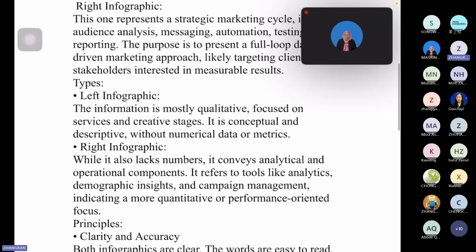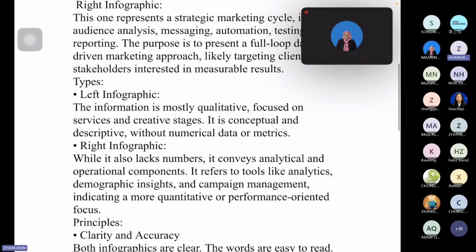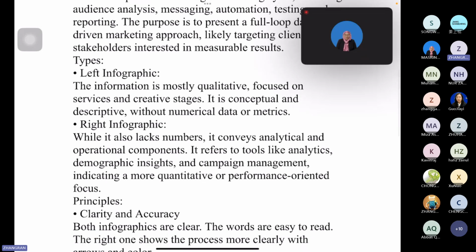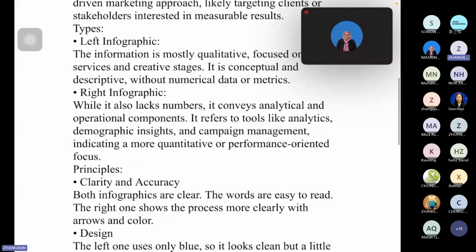And the left picture's information is mostly qualitative, focused on service and creative stages. It is conceptual and descriptive without numerical data or metrics. And the right picture also logs members.